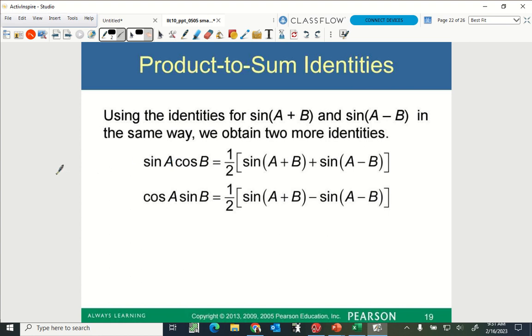I have an A and a B. So sine A times cosine B is equal to 1/2 times the sine of A plus B plus the sine of A minus B. And then the other way is cosine A sine B. So it could be the same thing, but it could be written as this instead. Because whatever the angles are, it's another way of rewriting this. Does that make sense? Yeah?